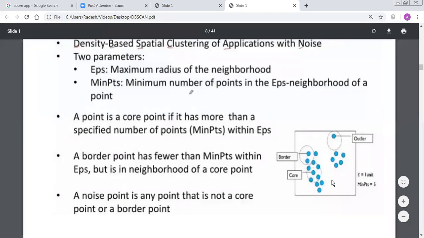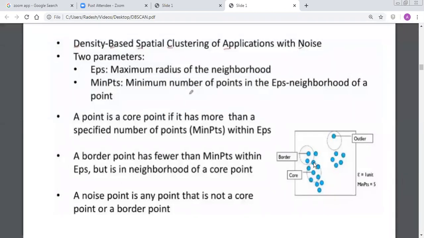Then I will get the number of points for this one as 1, 2, 3, 4, 5, and 6. So this is going to become the core point, and for this border point, this core point is becoming the neighborhood. As this core point is the neighborhood, we can say this is the border point.